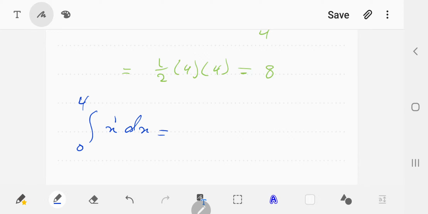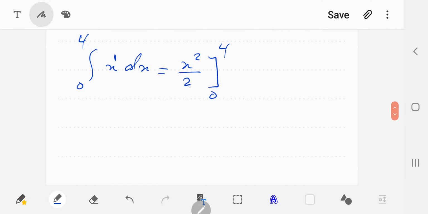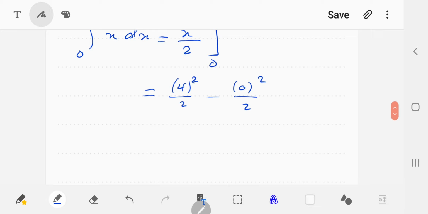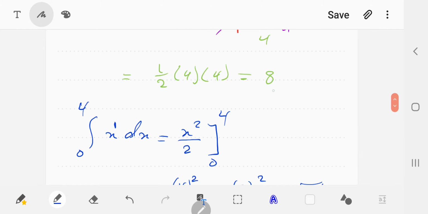Algebraically, this is the power rule. The power of x is 1, so this will be x squared over 2 from 0 to 4. I didn't write c again because it's definite, so c will be cancelled anyway. So that will be, I'll write it in details, 4 squared over 2 minus 0 squared over 2, which is 16 over 2 minus 0, so that's 8, and that's what you got here.